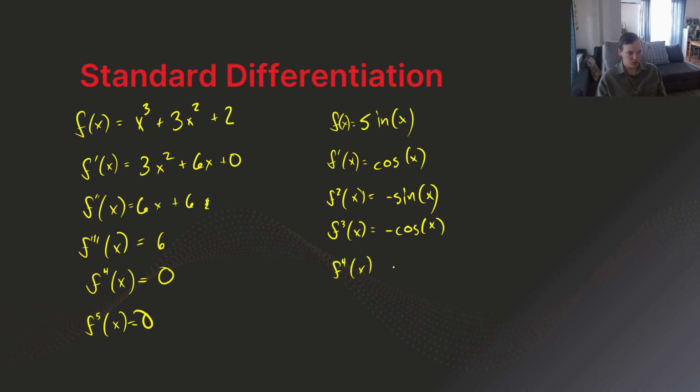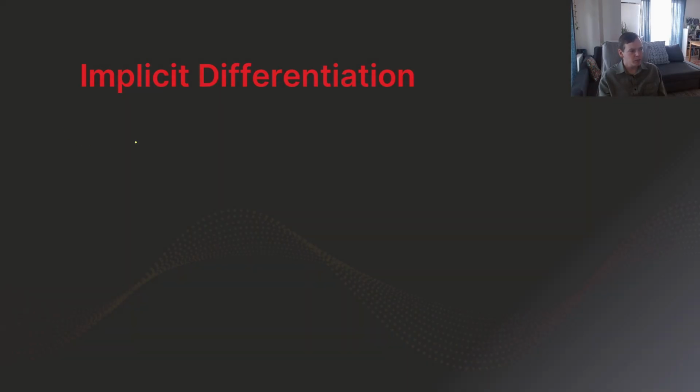The fourth derivative would be sine of x again. And this will actually cycle through. With e to the x, they'd obviously all be the same. But this is where I'm saying that standard functions are pretty straightforward, hopefully pretty easy to see what's going on here. Implicit differentiation, as I said before, is a little bit trickier.